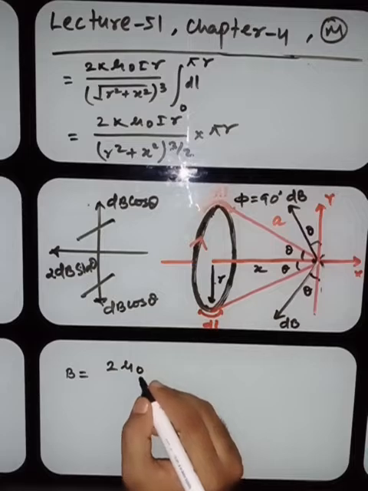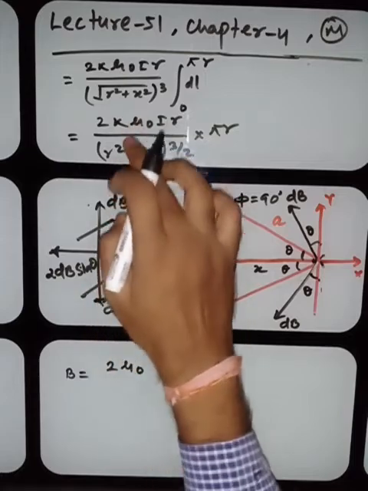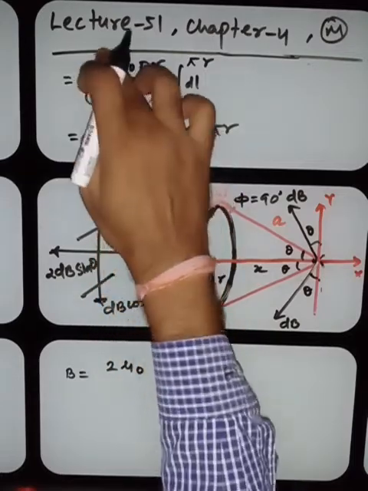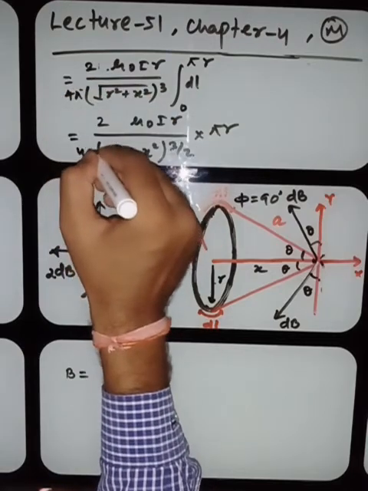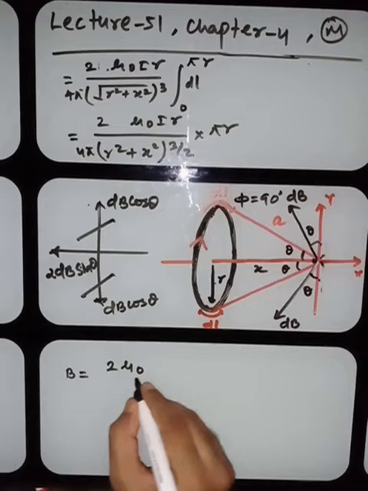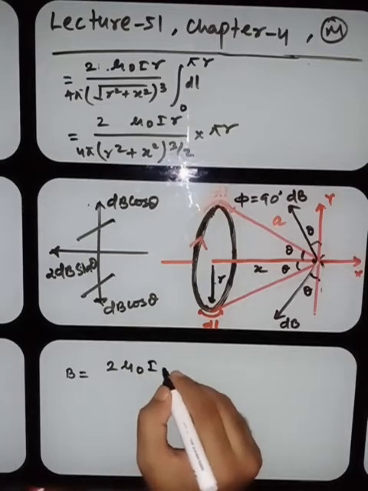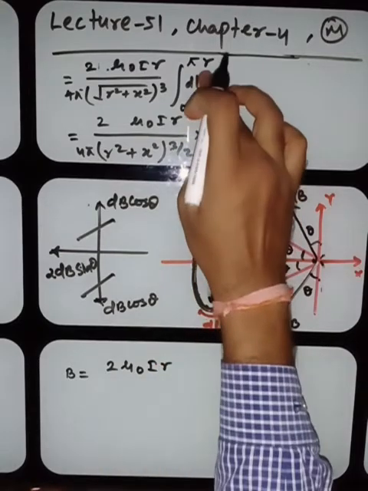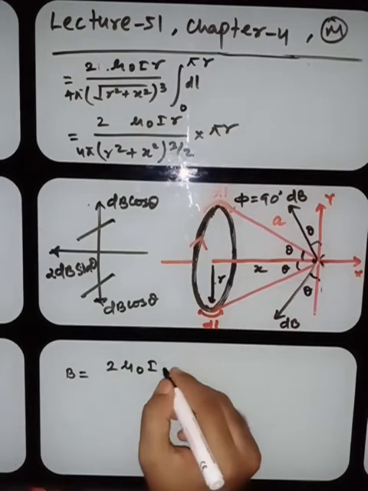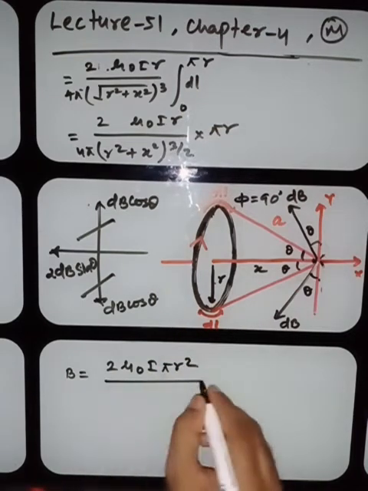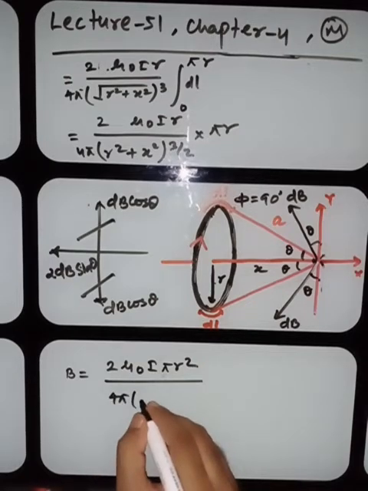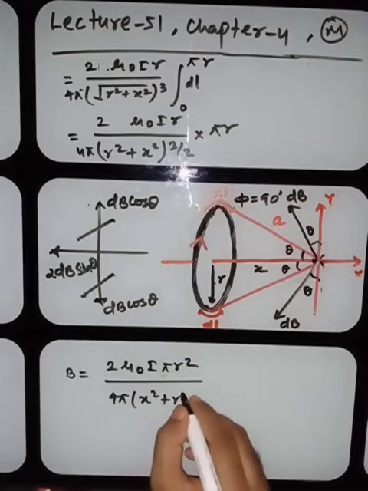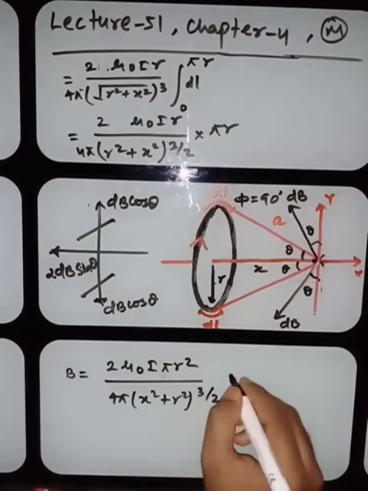We have taken k as mu naught by 4 pi everywhere, so 4 pi. Kindly do the correction. Mu naught I r, and it is pi r, so pi r square, divided by 4 pi, x square plus r square to the power 3 by 2.